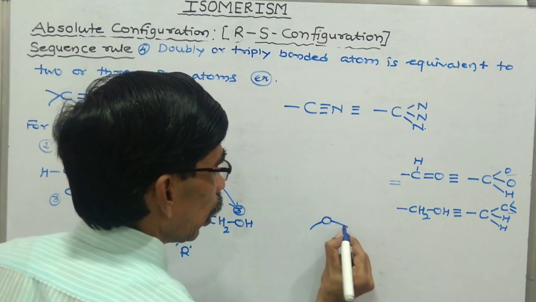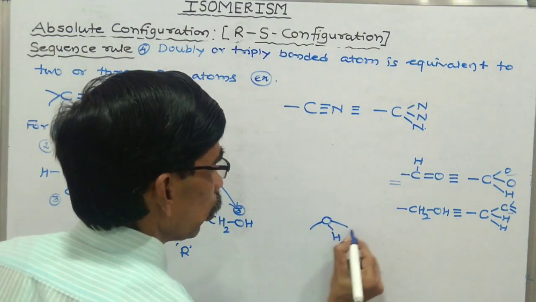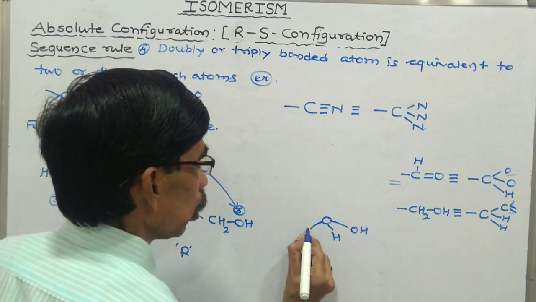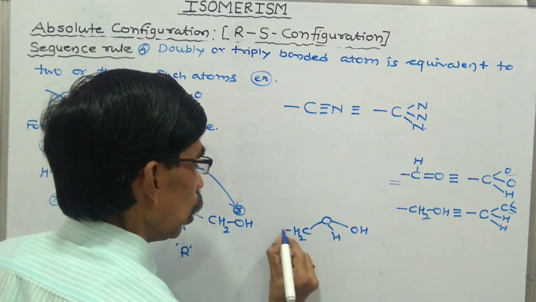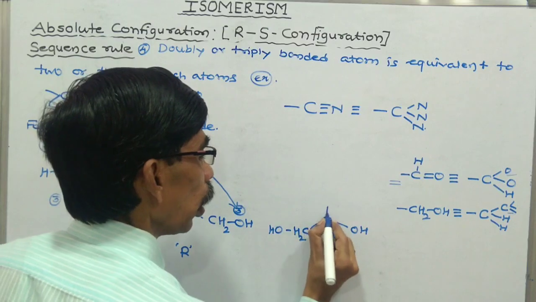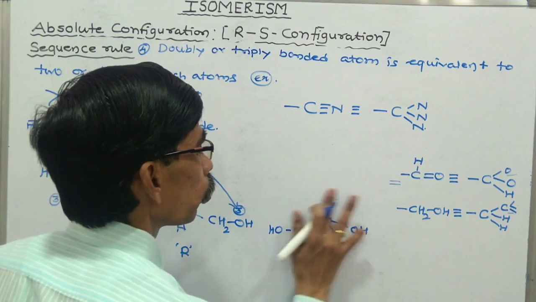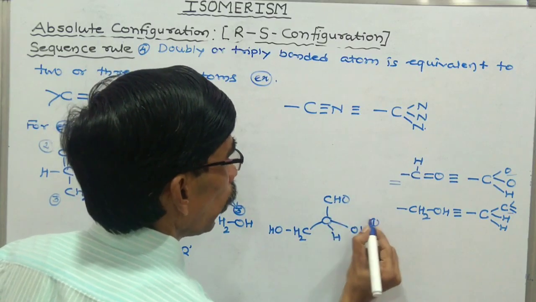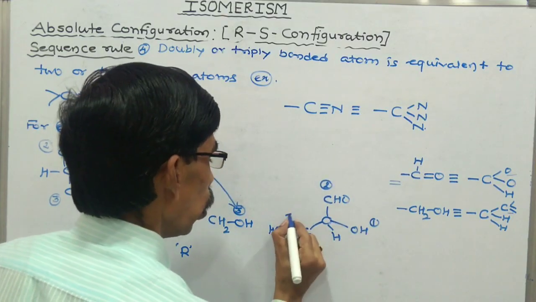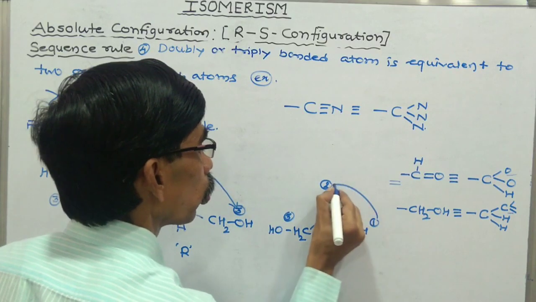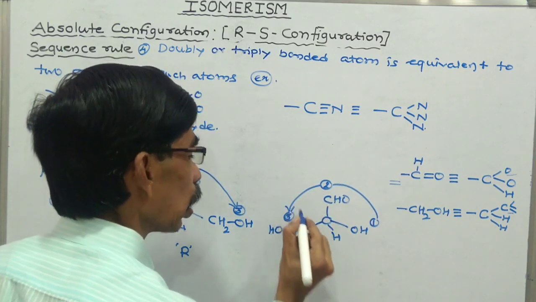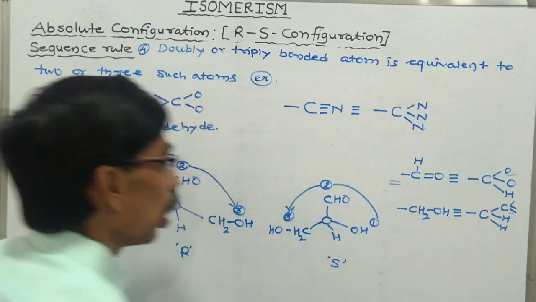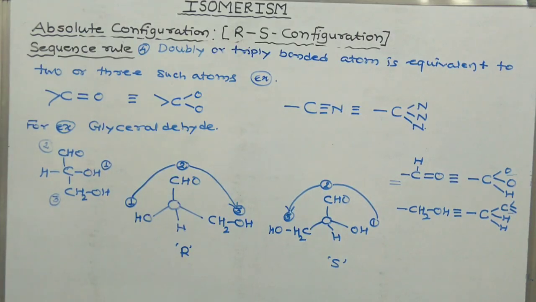Similarly, we can write the S configuration, with this OH, this CH2OH and this CHO, 1, 2 and 3. So this rotation is anti-clockwise and therefore it is the S configuration.